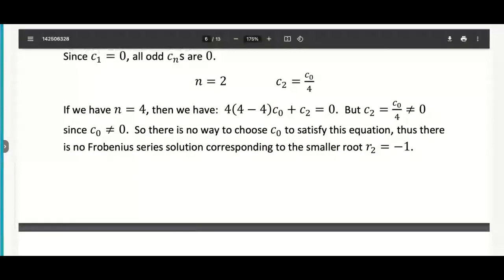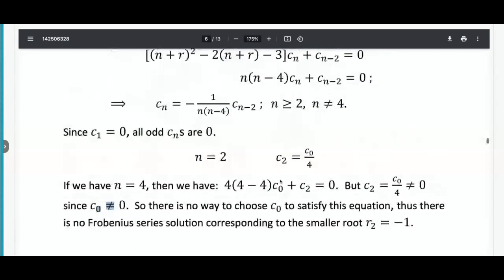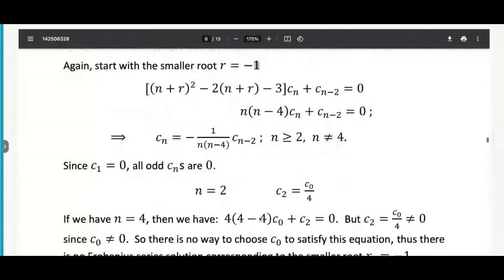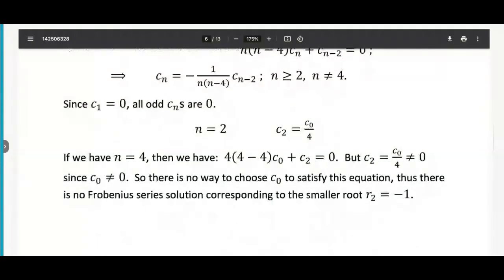So there's no way to choose a C0 to satisfy this equation. Because of this situation, and C0 cannot be 0, there is no Frobenius series solution corresponding to the smaller root r equals -1. Anyone has any question?